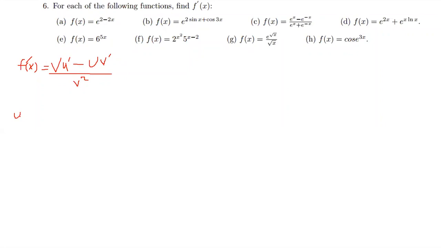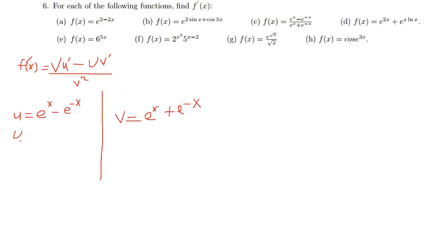We say u is equal to e to the power x minus e to the power negative x. And then you find your v again, which is the denominator there, which is just e to the power x plus e to the power negative x.